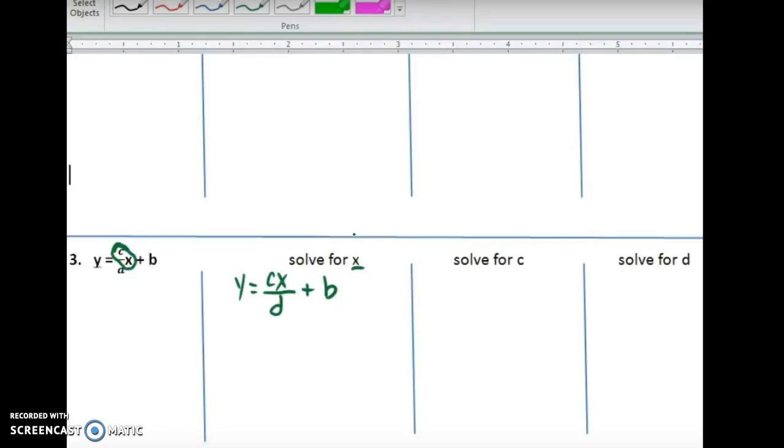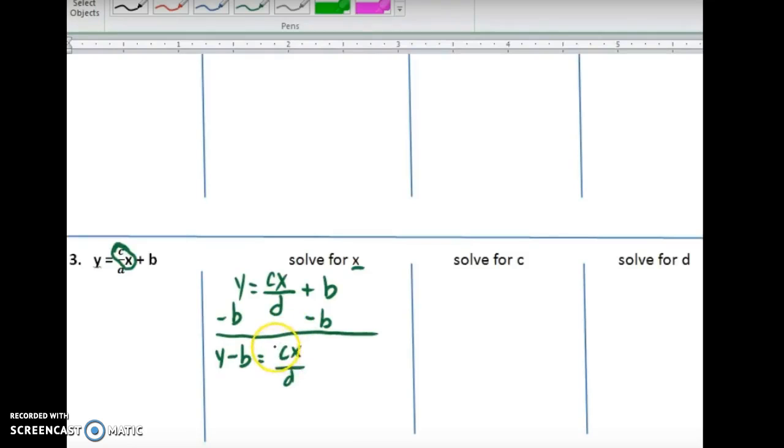So the first thing I have to do is deal with addition or subtraction. I subtract b from both sides. That leaves me with y minus b equals cx over d. Now I go to a multiplication or division.